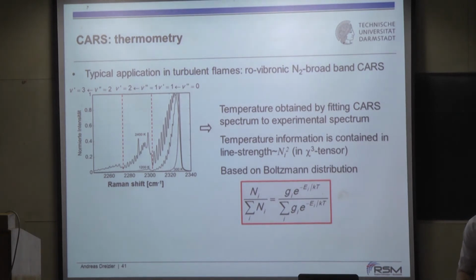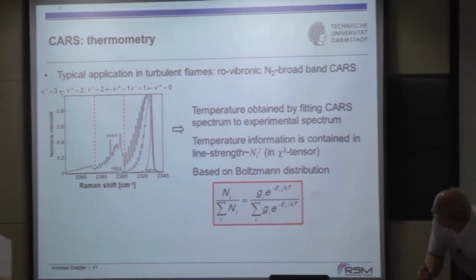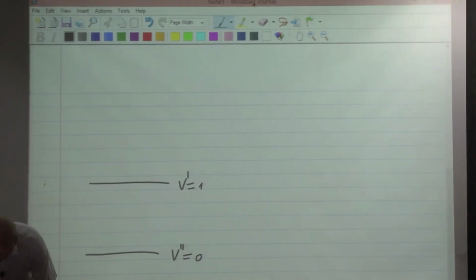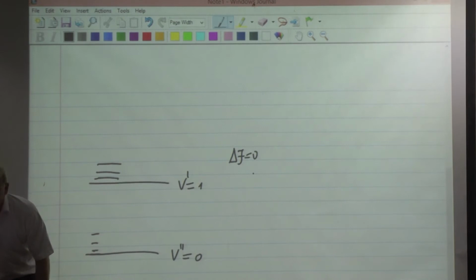So this is the starting point, and this is where you end in this first band. And here you have different rotation levels. Maybe we now take an example, delta J equals 0. That's only one option, but the most intense one, that is called the Q branch.